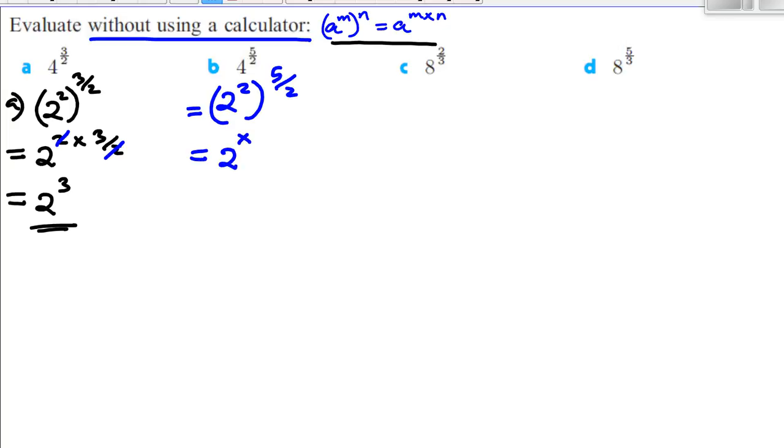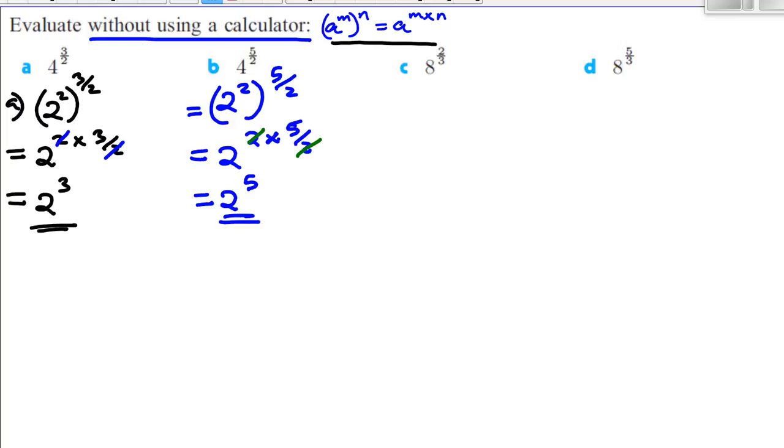So we'll end up with 2 to the power of 2 multiplied by 5 over 2. And then you cancel 2 and 2, just like what we did in A. Then we'll end up with 2 to the power of 5 as your final answer. Remember, this is 5 here.